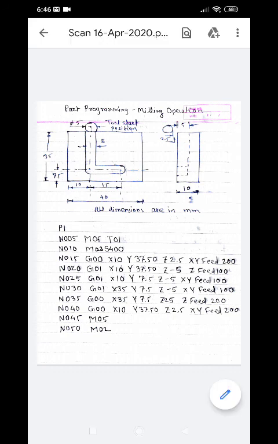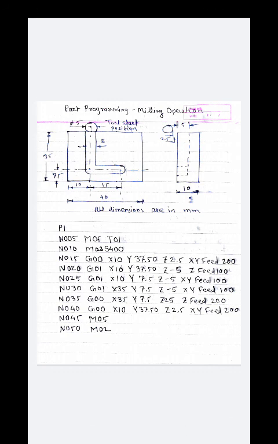Okay, so in such a way you can do the part programming for a milling operation. And you are supposed to check three major parts: program setup, chip removal, and system shutdown. These are the three major important parts in any part programming, and you are supposed to write it properly.